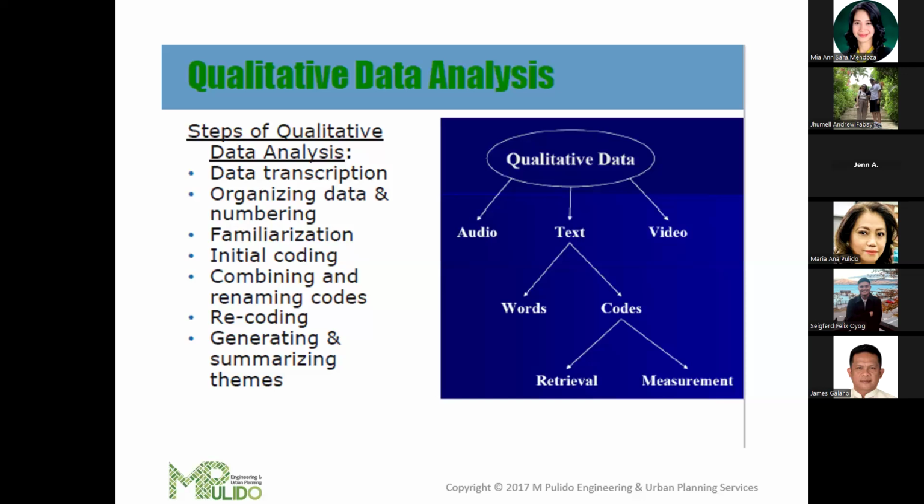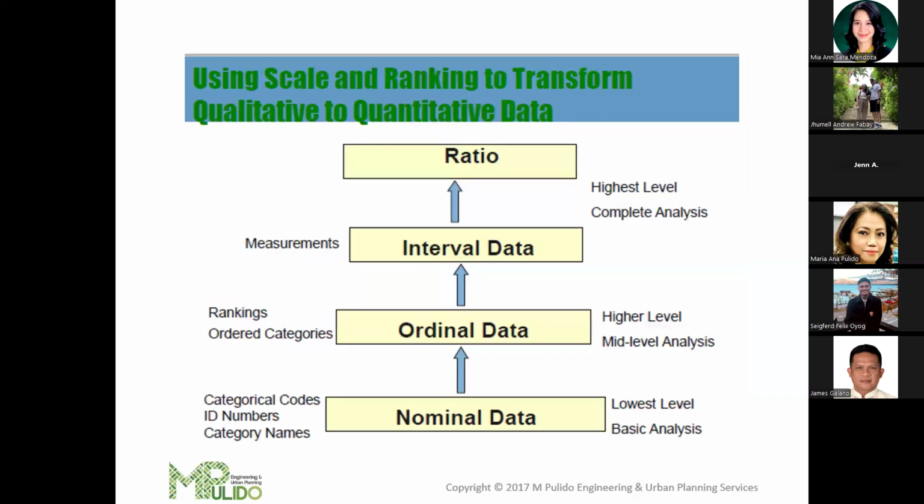When we listen to them, we use their narratives to shape inclusive, grounded plans, especially in participatory settings. The participatory approach is often used, especially by DILG and other national agencies. And we use scale and ranking to transform qualitative to quantitative data.